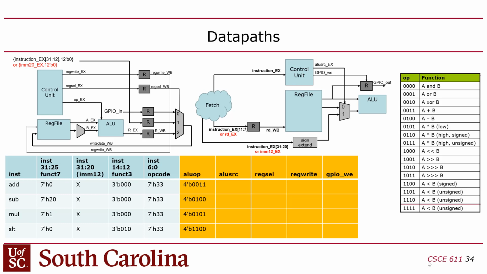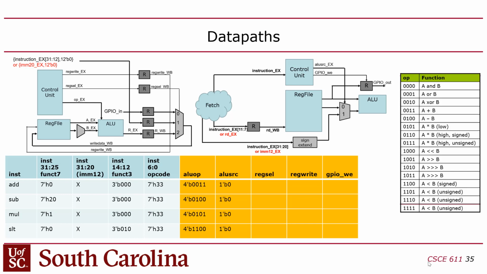ALU source, because these are R types, you don't want an immediate going to the ALU, you want both registers. So ALU source is pretty much always going to be a 0 here, because I just want to take the RS2 register. Reg Select, same thing here. The Reg Select controls this mux, and I always want to take the output of the ALU.